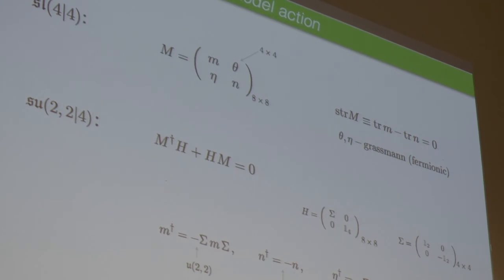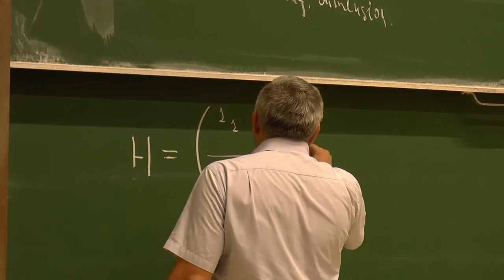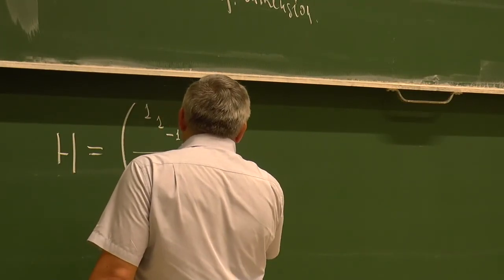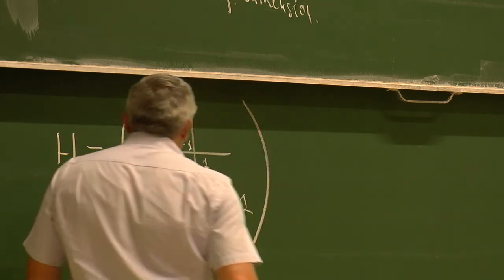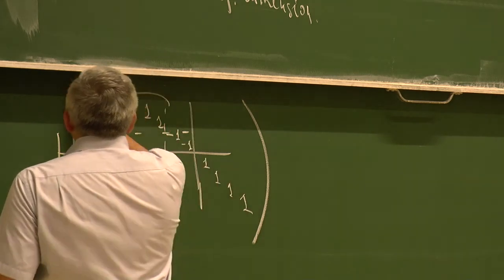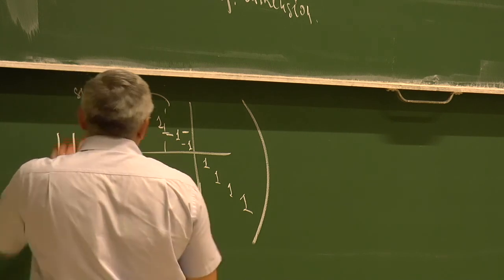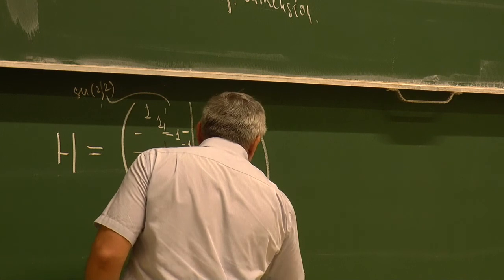It has one diagonal block with 1, 1, -1, -1, and the other block is the identity. So this is related to the signature of the conformal group, and this is related to SU(4).